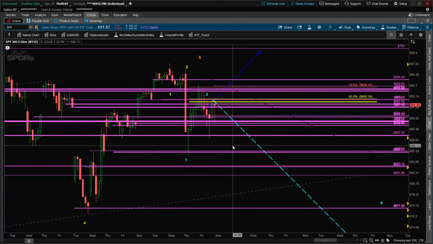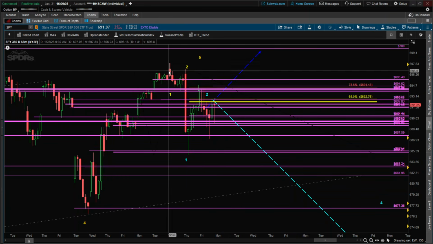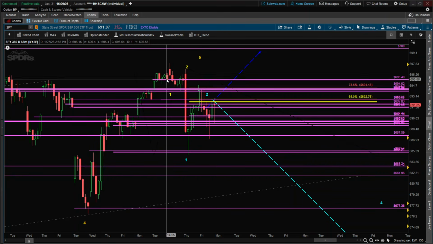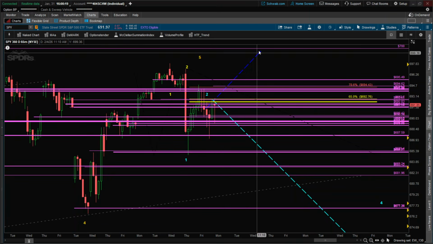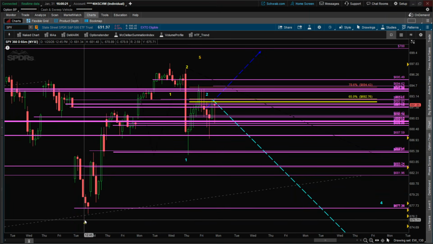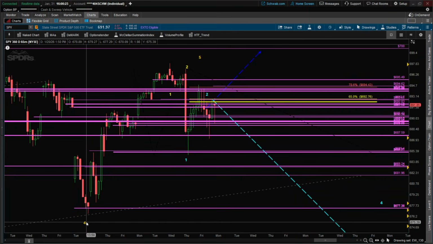Now, I know that somebody will say, well, this is a triangle. You have this move up here, and then this would be my interpretation. When I said a 1, 2, 1, 2, 1, 2 to the upside, that's super bullish, and things are just going to rip. If we are to go to the upside here, what I would do is consider this wave 4, okay?